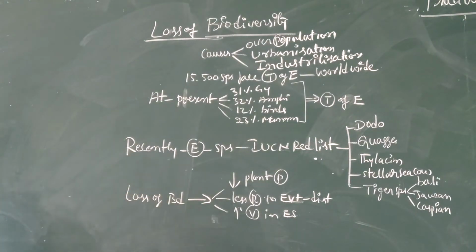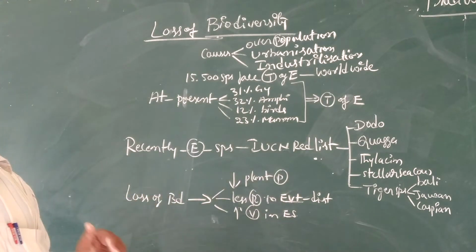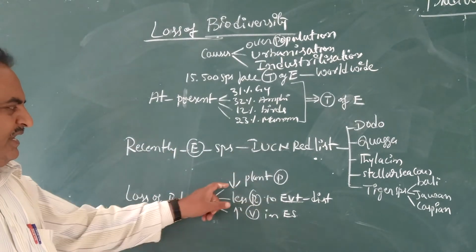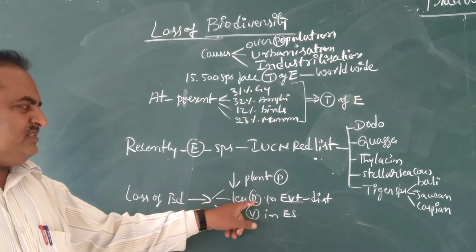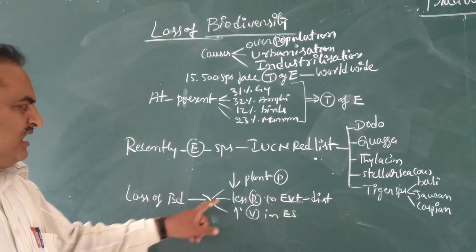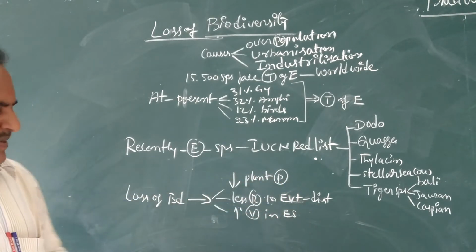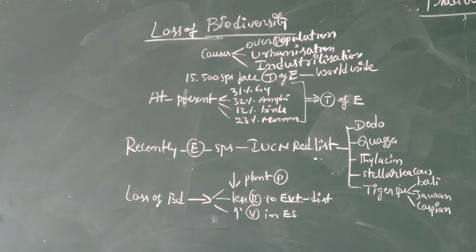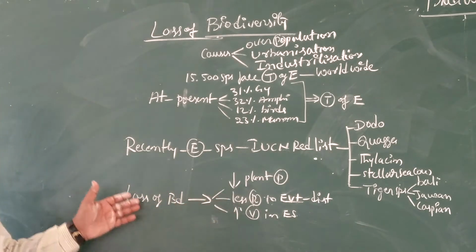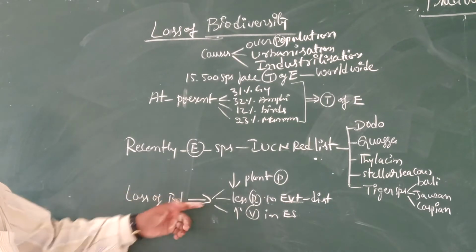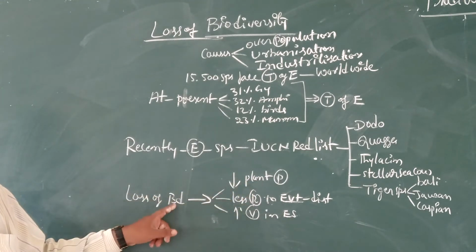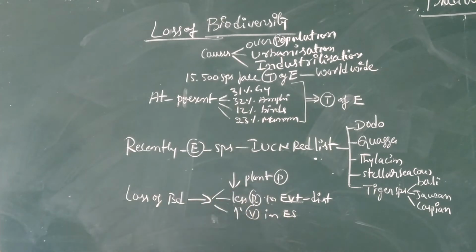The loss of biodiversity leads to decreased plant productivity, less resistance to environmental disturbances, and increased variations in the ecosystem.